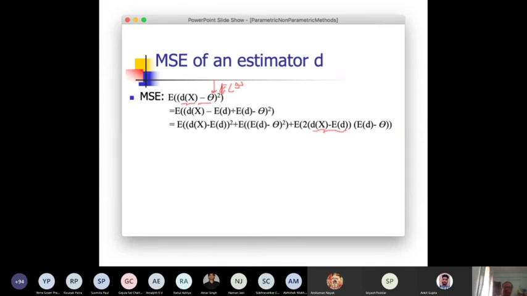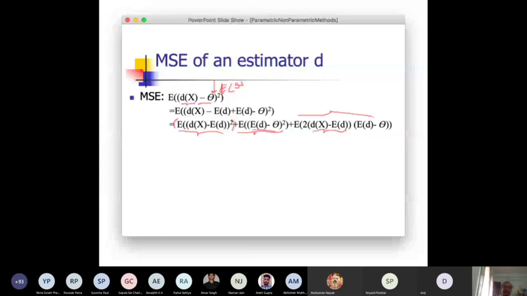Very good. So this part is 0, which means I am just left with these two terms, and these two terms are very familiar now. What is this term in terms of variance and bias? Bias is a difference from the true value of theta, right?